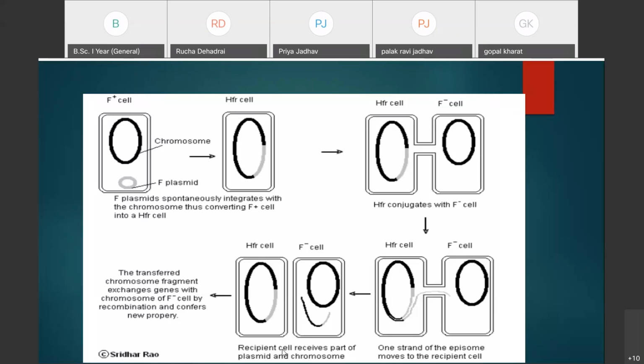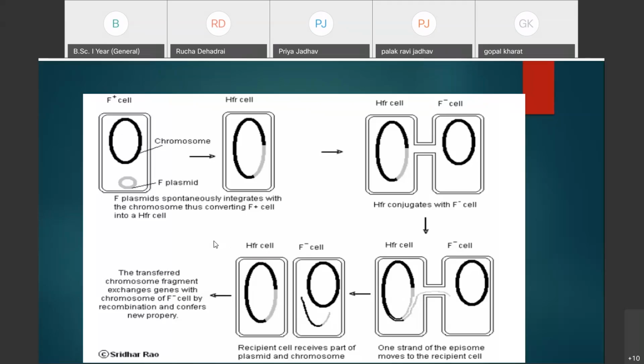The recipient cell receives part of the plasmid and the chromosome, and then the transferred chromosome fragment exchanges genes with the chromosome of the F negative cell by recombination, and it confers the new property. That means that the F negative cell will get converted into the high frequency recombinant cell. Okay, that is how conjugation takes place in bacteria.